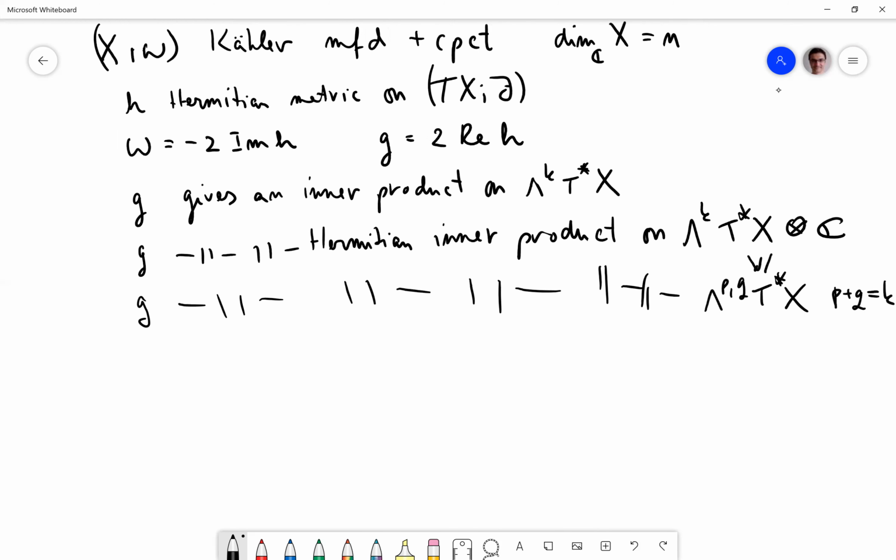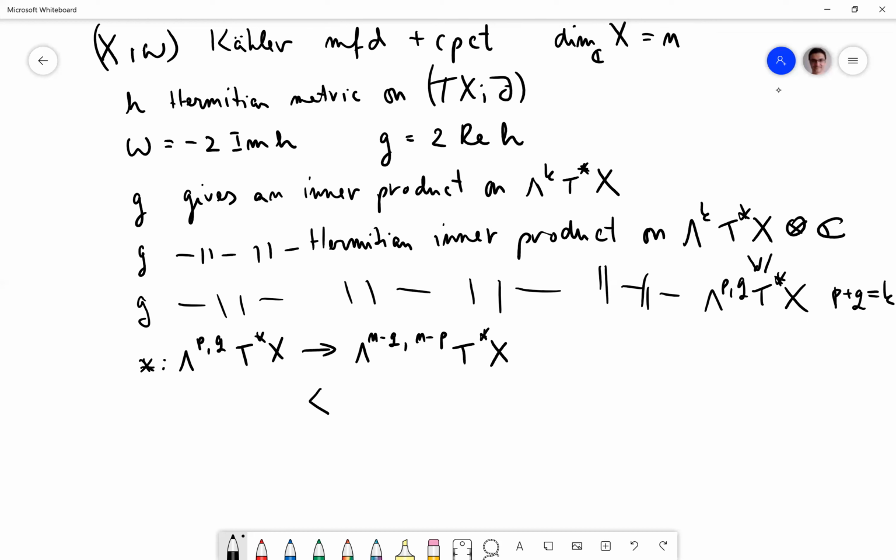Okay, good. So now you can introduce a star operator on (p,q)-forms, which is similar to the star operator on k-forms. You just have to be a bit careful with the indices. And again, it works through a duality.